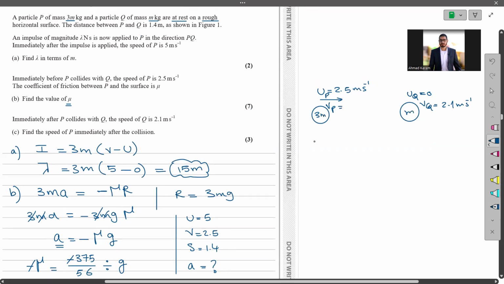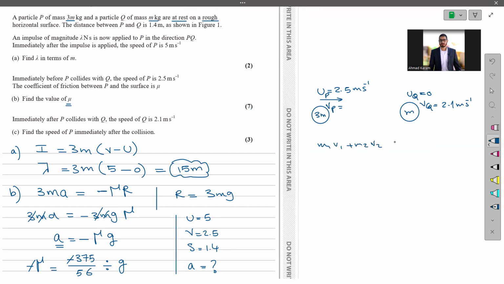So how do we solve this? We have the rule m1 v1 plus m2 v2 equals m1 u1 plus m2 u2, impulse equals impulse. So here it will be 3m v_P plus m multiplied by 2.1 equals 3m multiplied by 2.5 plus 0, since u_Q is 0.